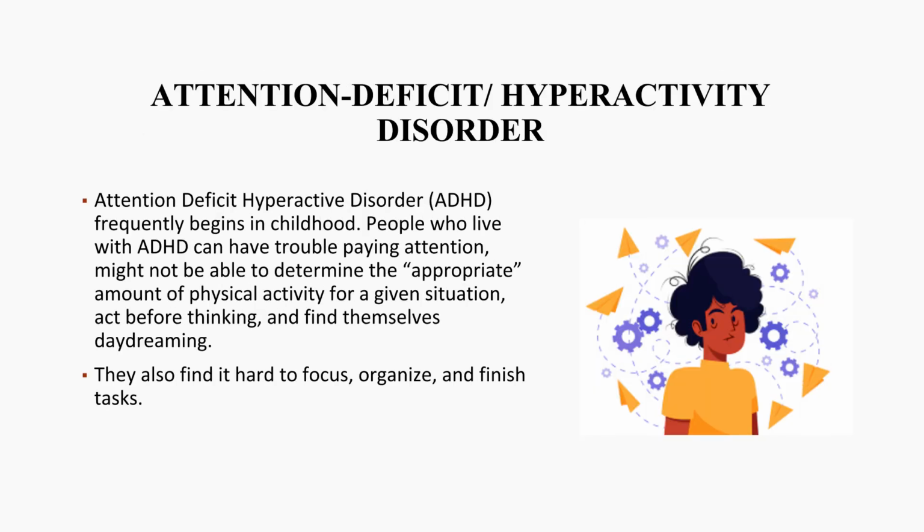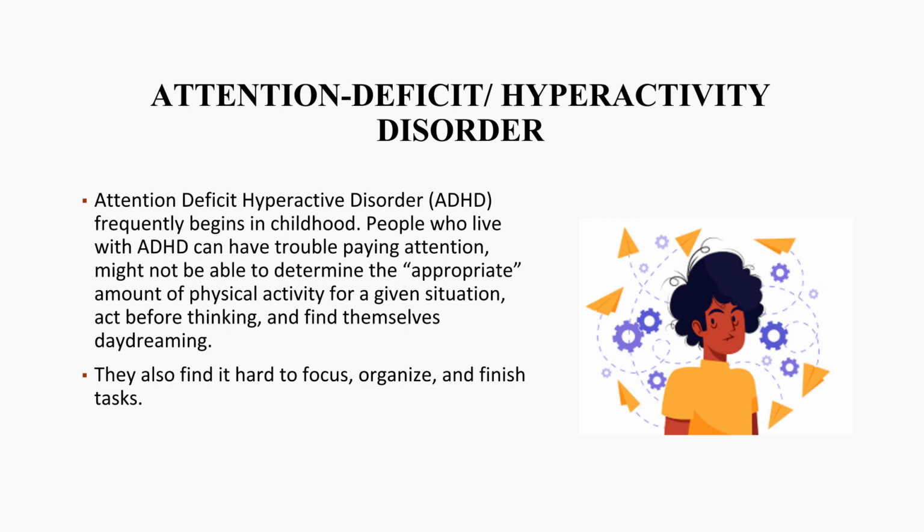So, when we talk about ADHD, it begins in childhood. People who live with ADHD can have trouble paying attention, might not be able to determine the appropriate amount of physical activity for a given situation, act before thinking and find themselves daydreaming.